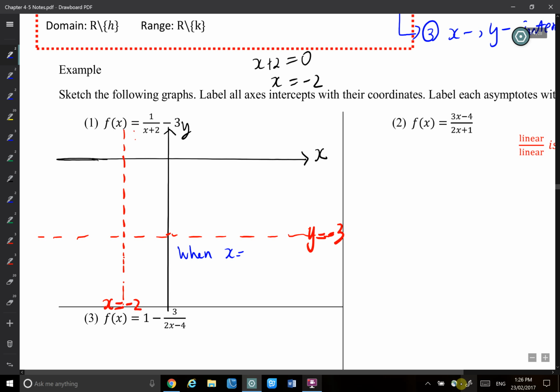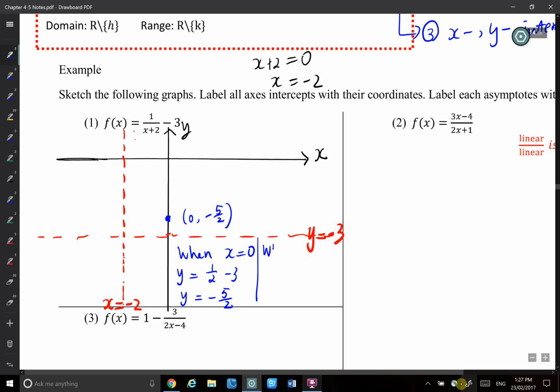When x equals 0, y will be a half minus 3, so y will be negative 5 on 2. So you have the point here, (0, negative 5 on 2).